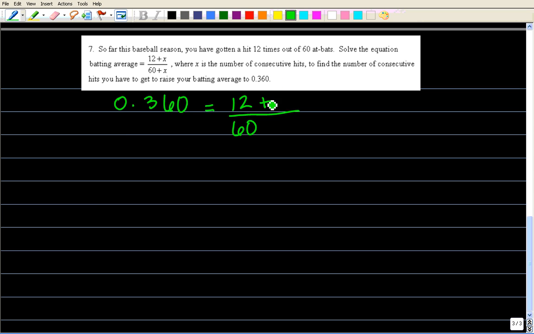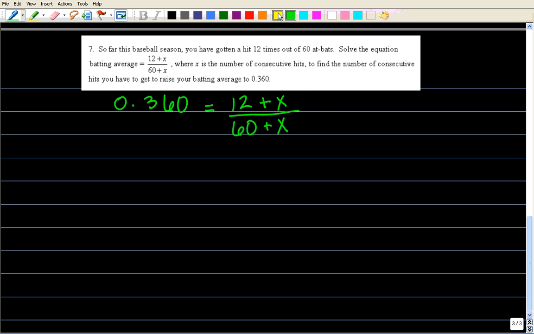So consecutive means that, in other words here, if we have currently had 60 at-bats, then however many more at-bats, we would have to hit every single one of them. So if 12 is our number of successes and 60 is our total, we're wanting to add more successes to the top and bottom. Now we can just solve for x.